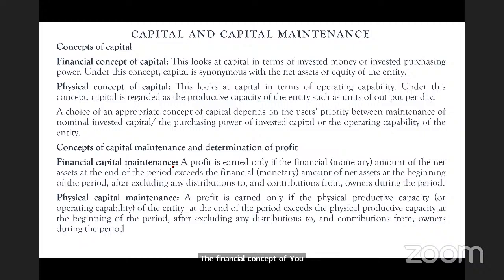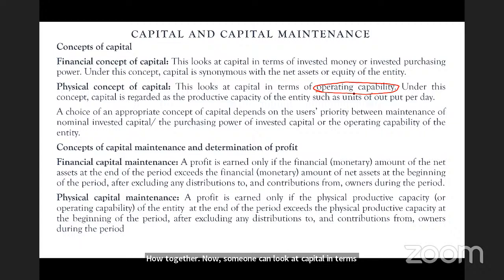Yet on the other hand, we look at the operating capability. And the operating capability can be looked at in terms of units of output in a year, in a month, in a day. Are we together? Now, someone can look at capital in terms of operating capability.